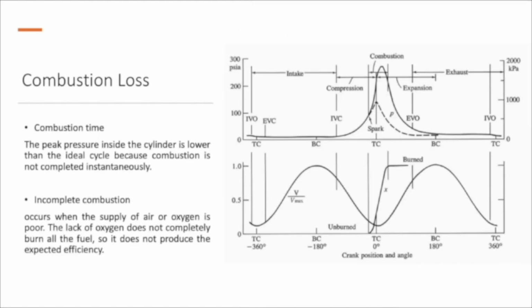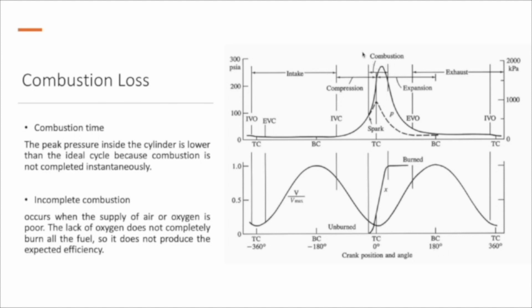There are two main factors due to the combustion time and incomplete combustion. On the right side of the graph, the x-axis is crank position angle. If the piston is located at top dead center, it is the 0-degree position. If the piston is located at bottom dead center, it is the 180-degree position.